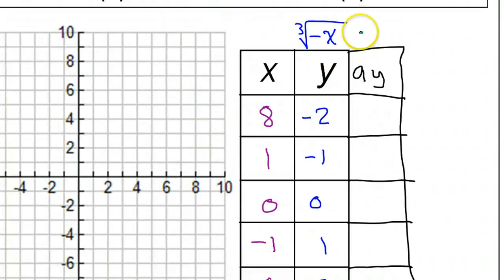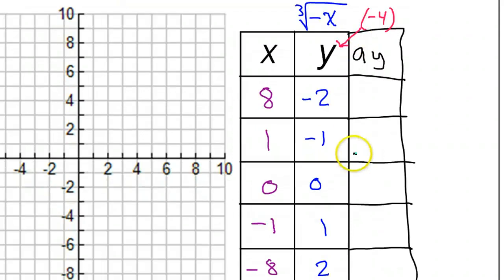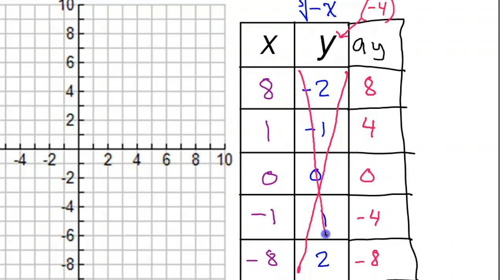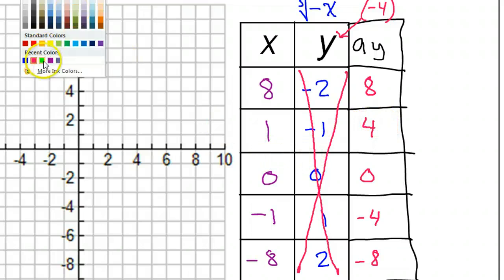So we're going to multiply everything by -4, all the y values. So that's going to give us +8 and +4 and 0 and -4 and -8. So once we have the third column, we can disregard the middle column.